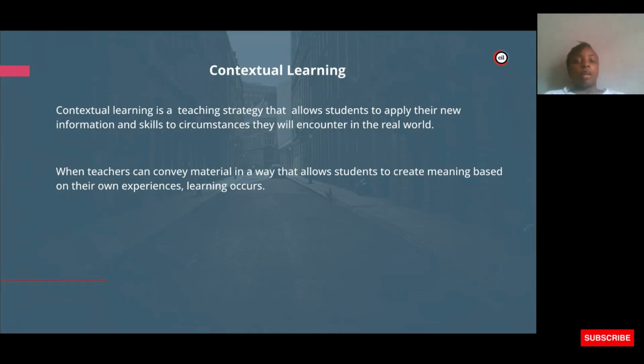So as a teacher, when you convey materials to students, you're creating meaning. You're helping them relate it with their own experiences. It helps them to learn faster, to retain what they've learned faster, and to keep it in their long-term memory. An example of contextual learning is our CIL internship program, the CIL academy program that we are all here for.